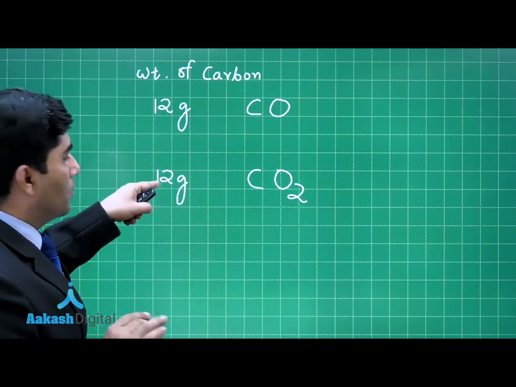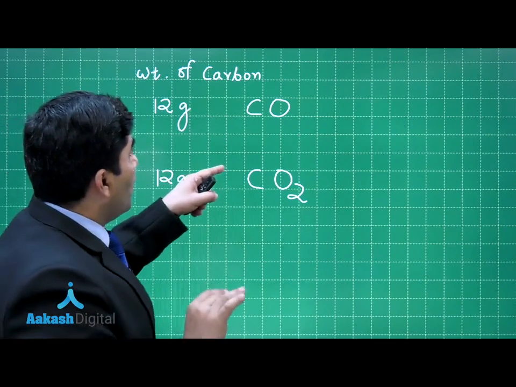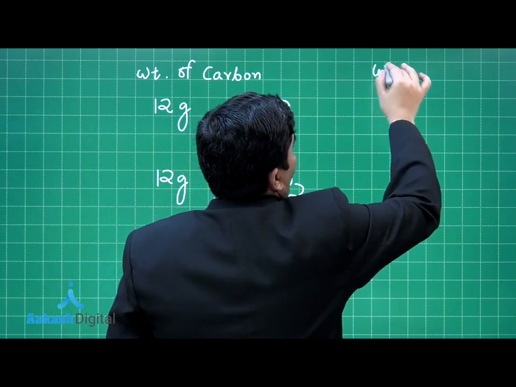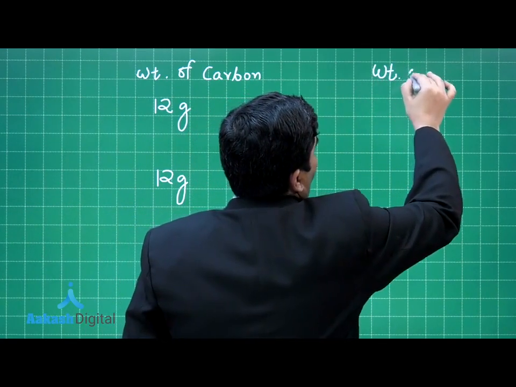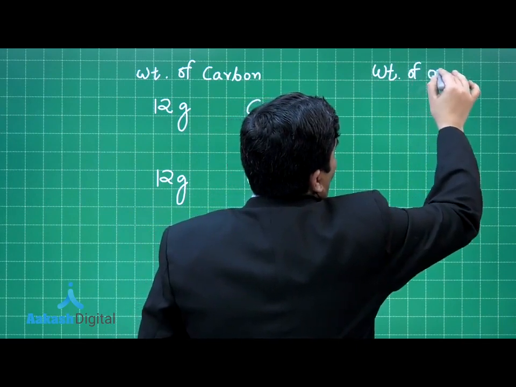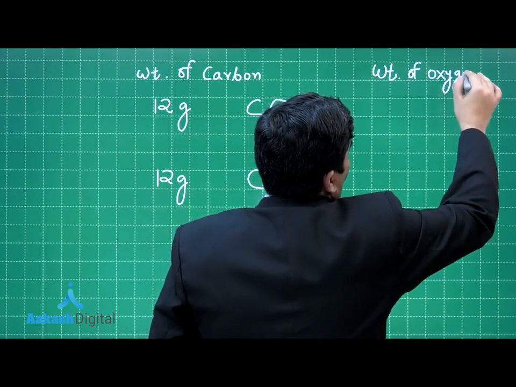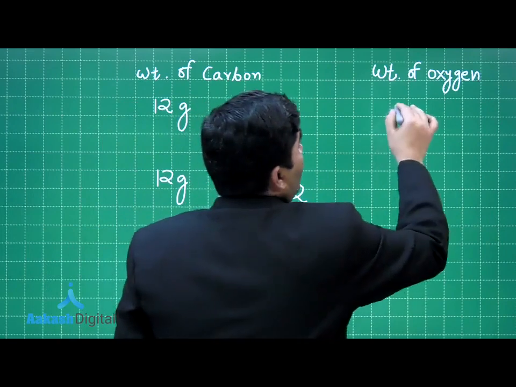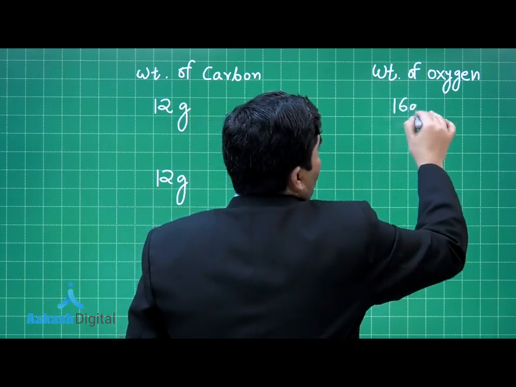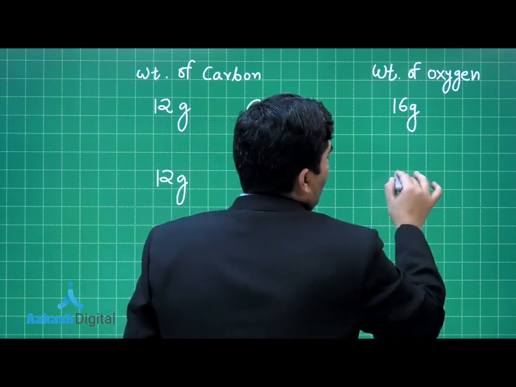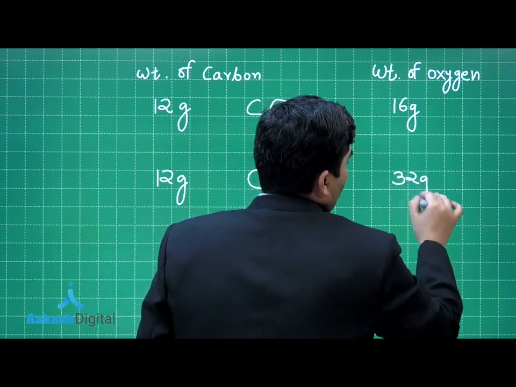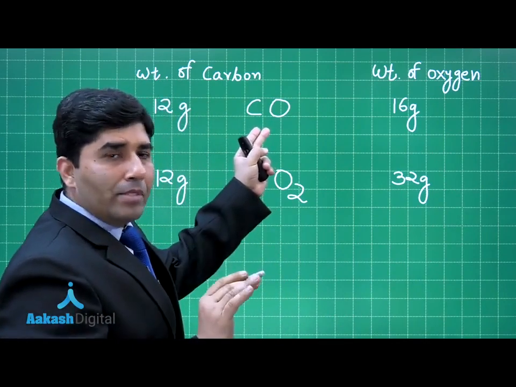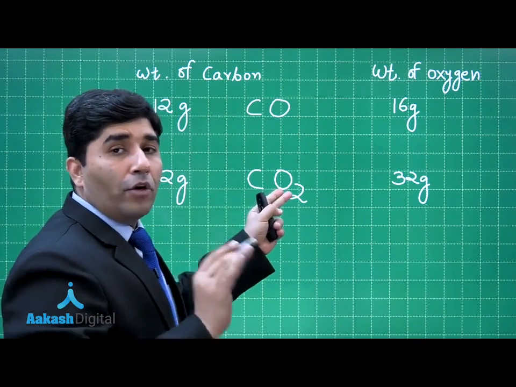So the weight is fixed. Now, let's take the weight of oxygen. In carbon monoxide it is 16 grams and in carbon dioxide it is 32 grams. When we are considering carbon monoxide, we are having 28 grams and carbon dioxide we are having 44 grams.